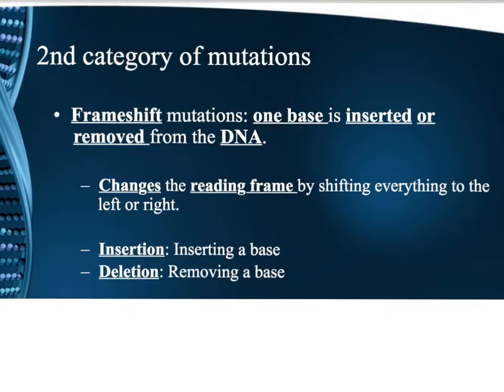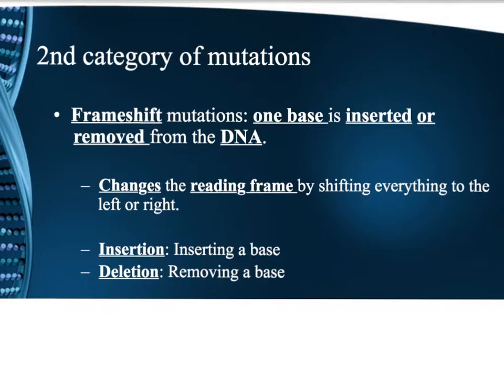Alright, second category here. I'm going to go back to drawing even though there's something on the next page. Sorry for the bad drawing. Let's say you have a letter that doesn't get substituted, but it just kind of shoves its way in there. These are called frame shift mutations, where one base is actually inserted or removed from the DNA. It's not substituted, it's not traded in and out.